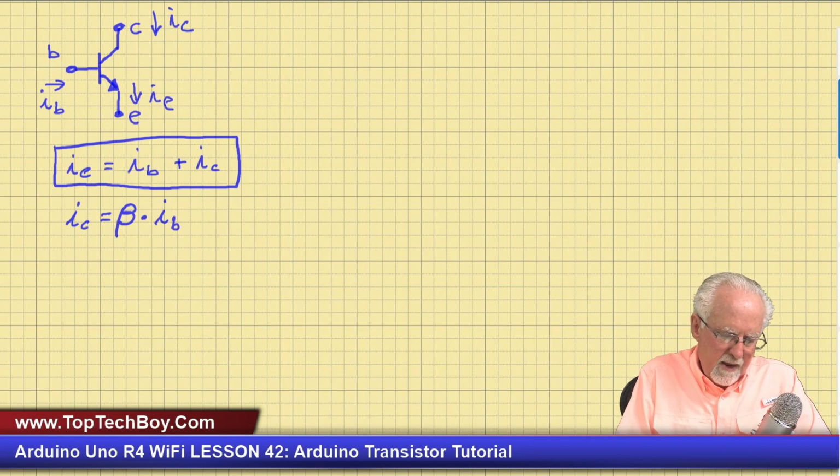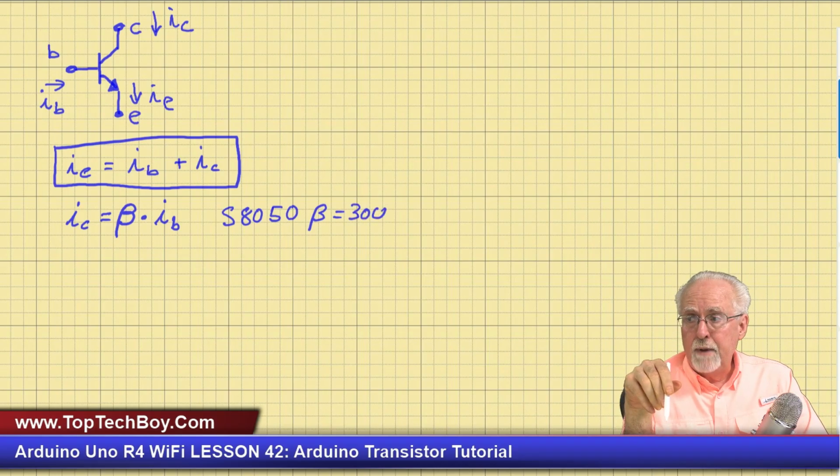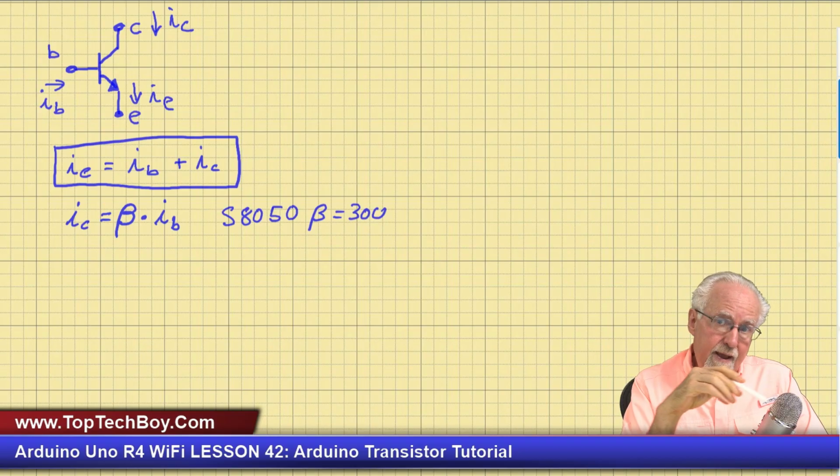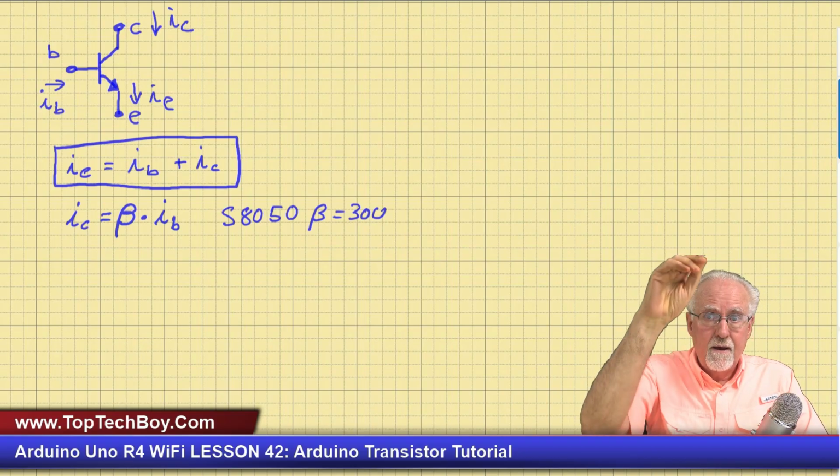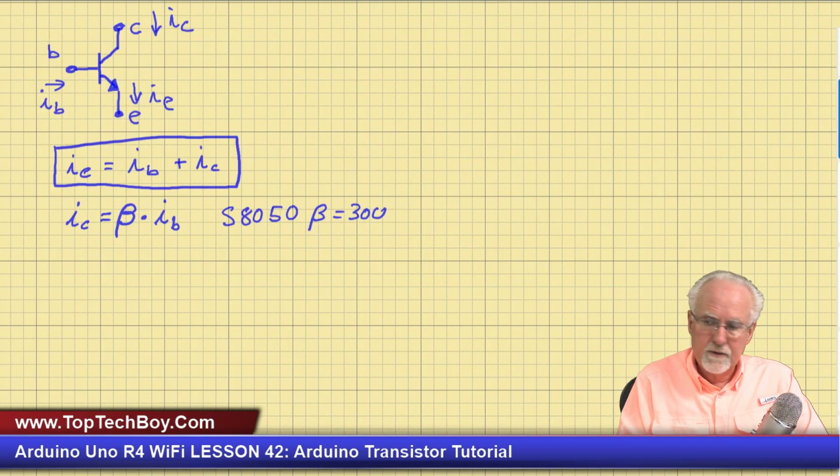Now for the S8050, the beta is about 300. So whatever the base current is, the collector current is 300 times more. So I can have a very small base current switch a very large collector current.